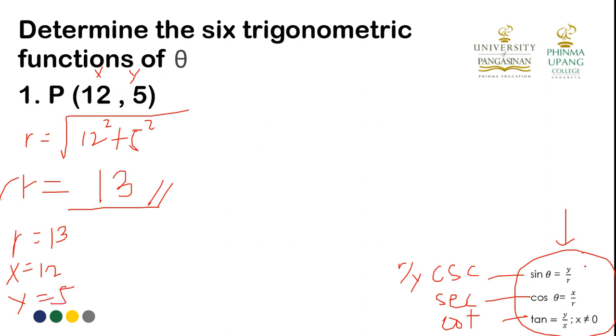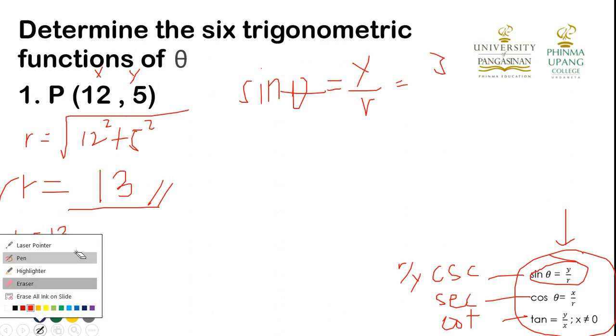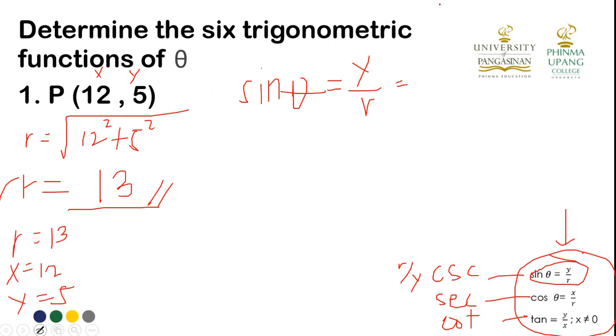So, madali na lang isolve si sine theta. So, kunin natin yung sine theta ng y and r. Since y all over r yan, so what is our y? Diba 5? Y is equal to 5. And then r is equal to 13. So, yung sine theta natin is 5 all over 13.